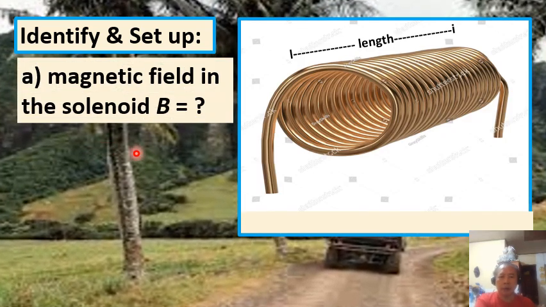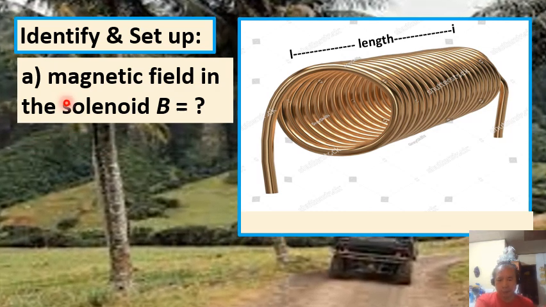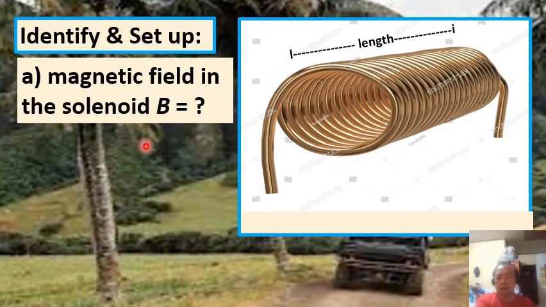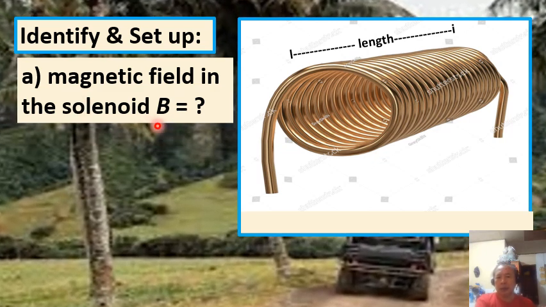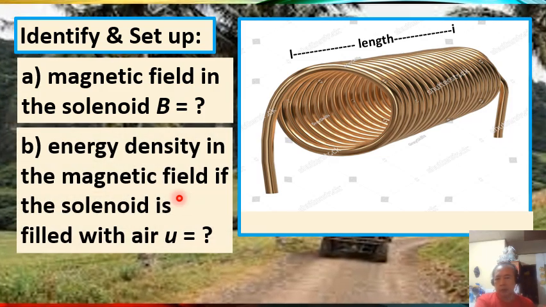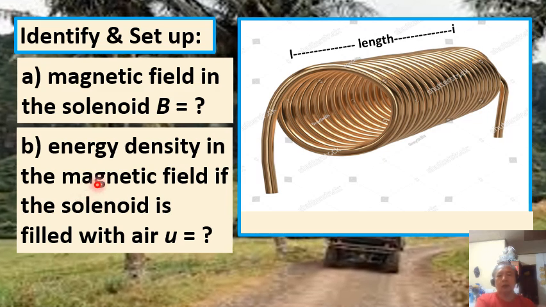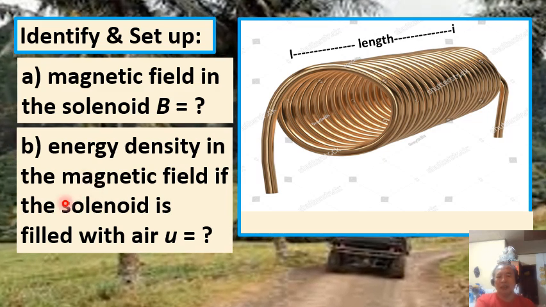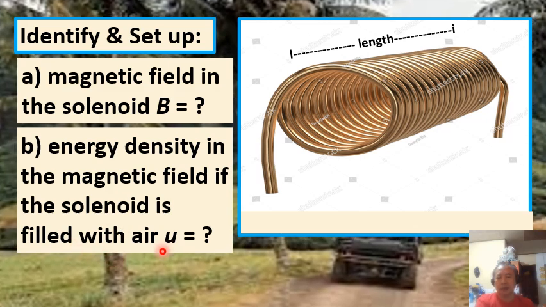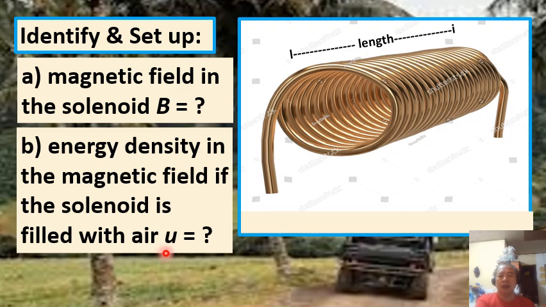And target variables, we have for part A, the magnitude of the magnetic field in the solenoid, denoted by capital letter B. In part B, we are to determine the energy density in the magnetic field if the solenoid is filled with air. This energy density is denoted by small letter u.